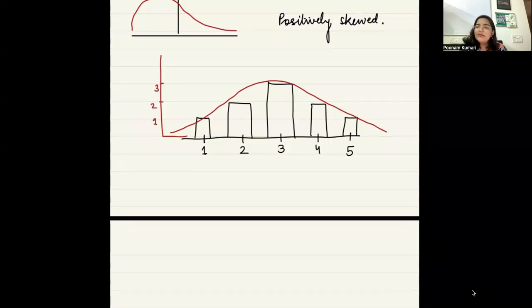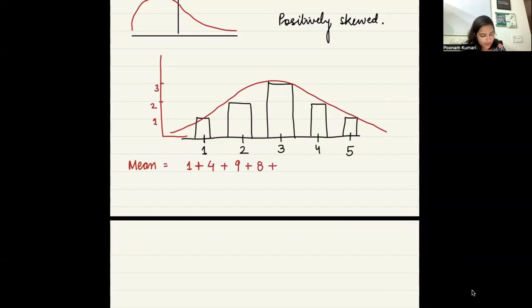If you have to find the mean of this, what do you get? What is the mean value? 1 is coming 1 time, so 1. Plus 2 is coming 2 times, so 4. Plus 3 is coming 3 times, so 9. 4 is coming again 2 times, so 8.